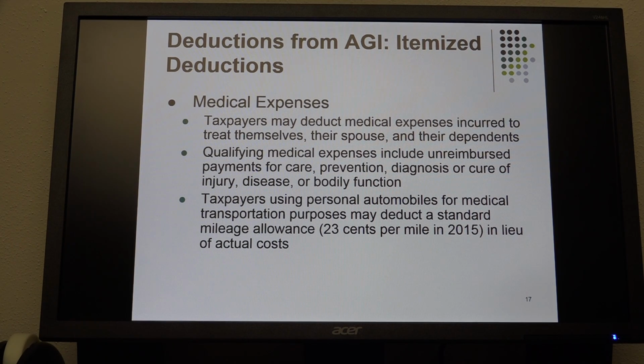Note that it covers transportation. And for transportation, you can deduct actual mileage, actual expenses, or you can deduct a standard mileage allowance. Again, this is 23 cents per mile in 2015. Note that it covers long-term care facilities.